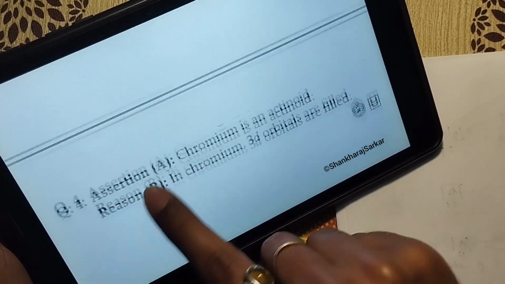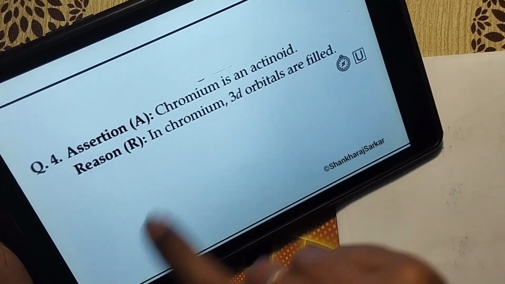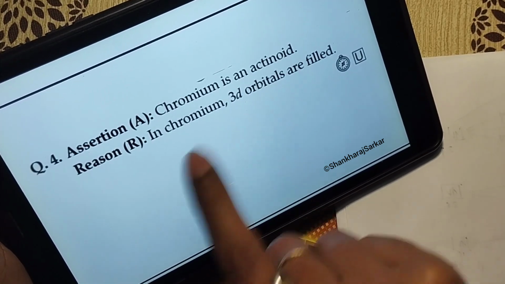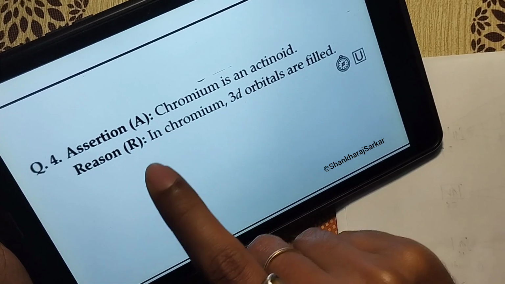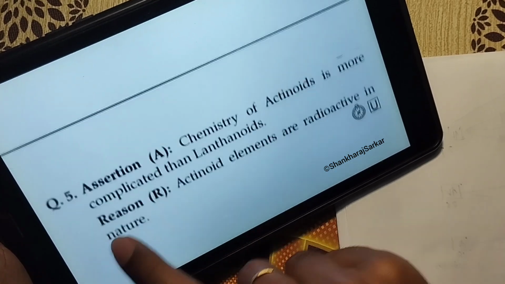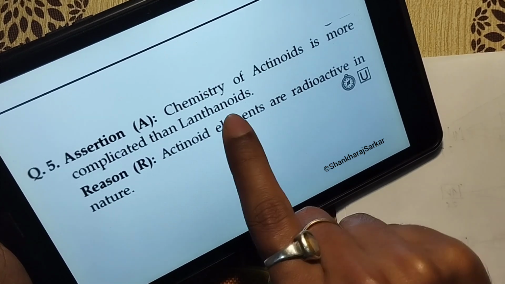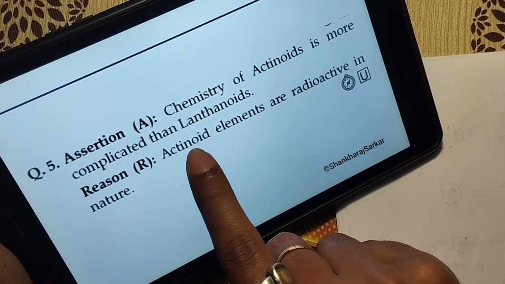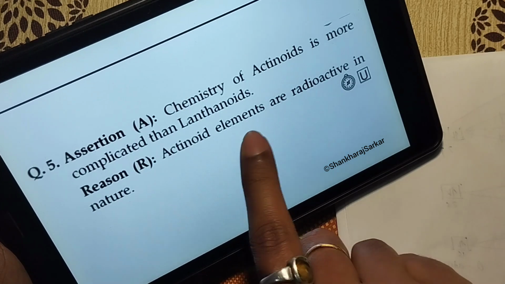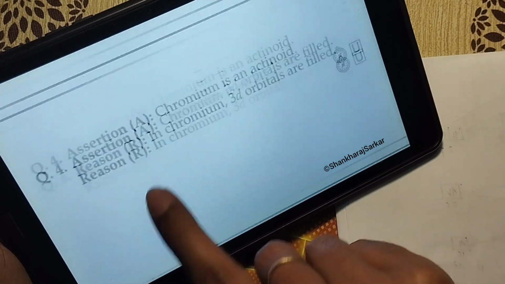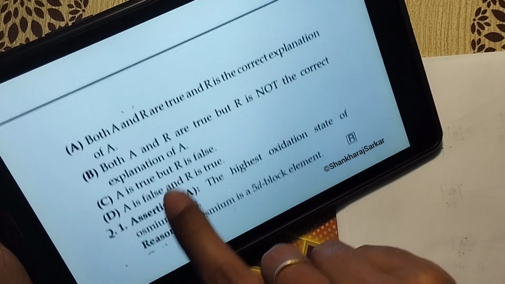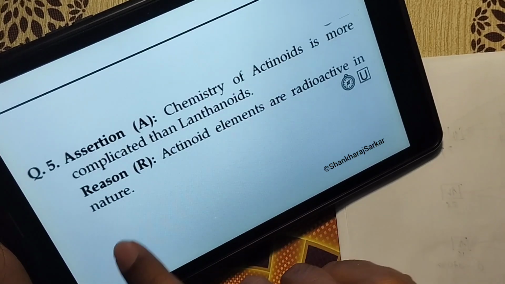Next, number 4. Chromium is an actinoid, which is wrong. In chromium, 3d orbitals are filled, that is correct. That means A is wrong, R is correct. Next, number 5. The chemistry of actinoids is more complicated than lanthanoids. Actinoid elements are radioactive in nature. If you carefully observe, both A and R are correct.